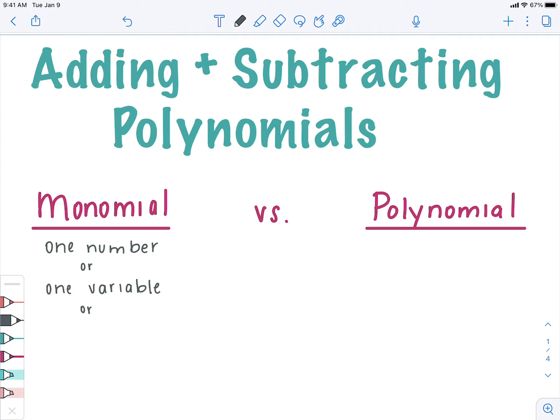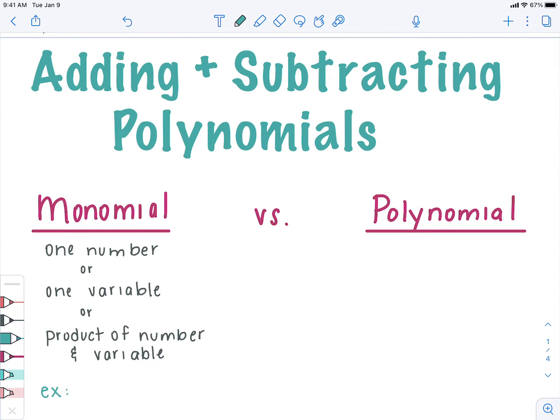So it can be or a product of a number and a variable.